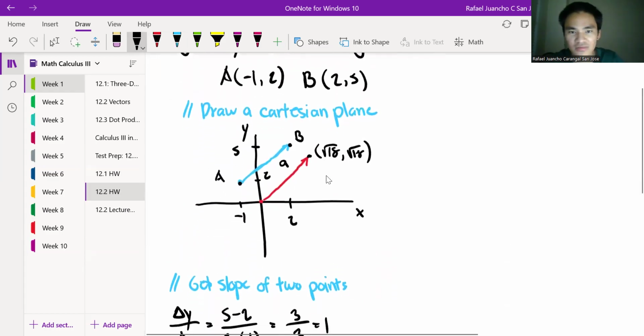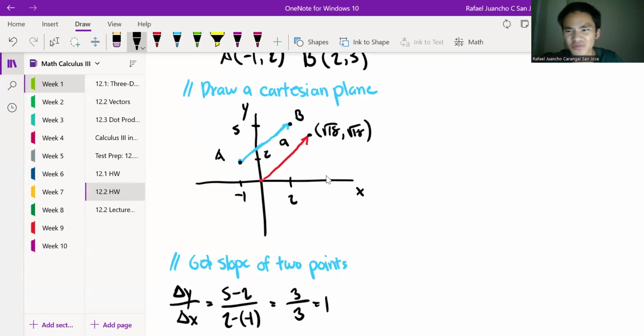Oh, wait, no. Well, yeah, because my slope is 1. Or I could get the line equation of this too, and just go from there.